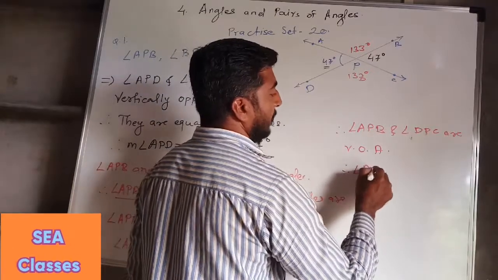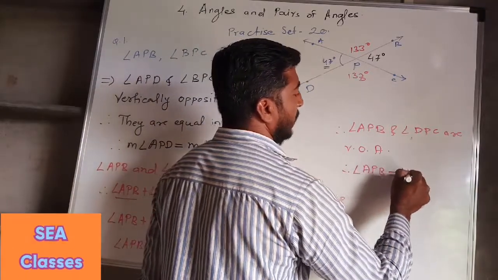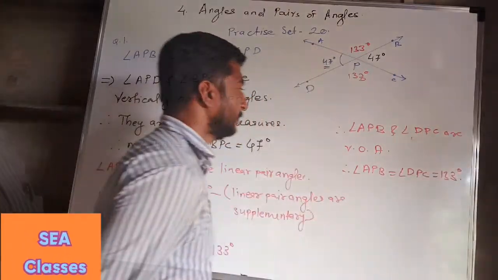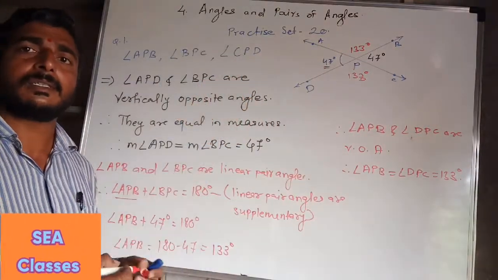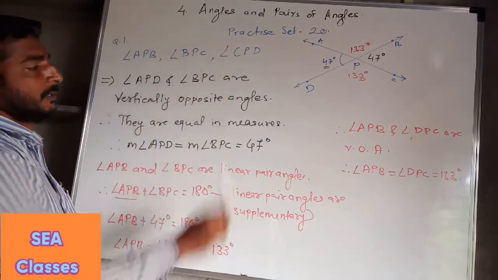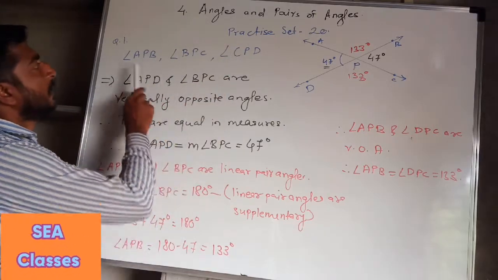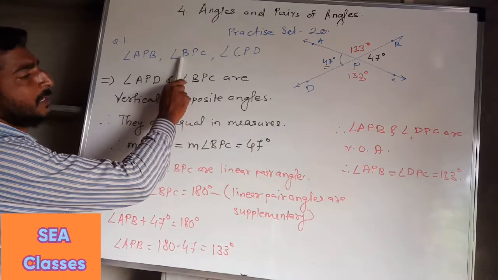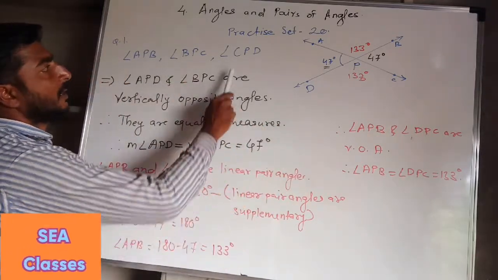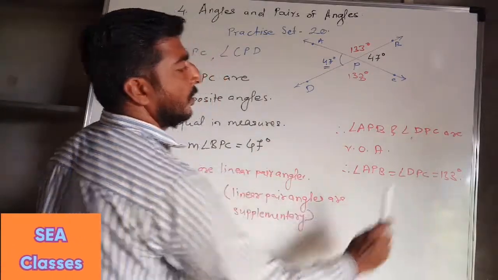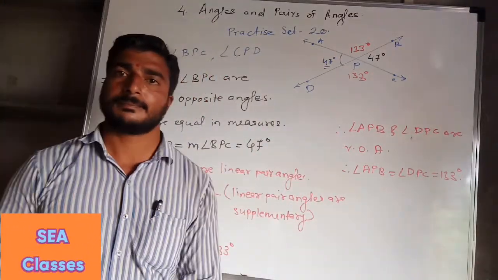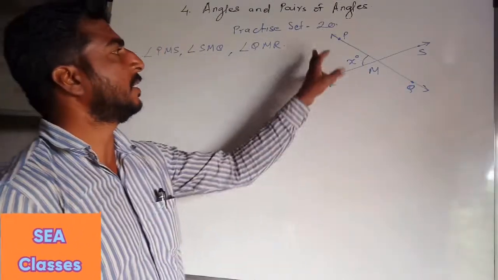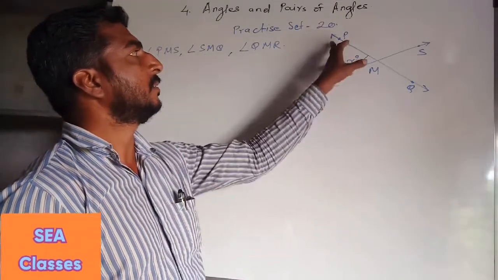Therefore angle APB is equal to angle BPC is equal to how much? 133. So in this way you can find out the answer of this given question. So you got here this angle APB is how much? 133 degrees. Then BPC is how much? It is 47 degrees, and CPD, that is how much? 133 degrees.